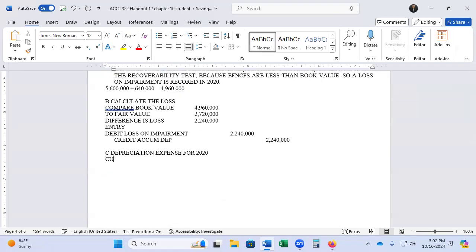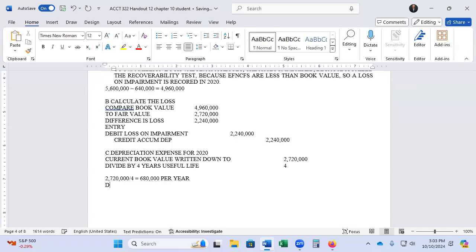So we take the current book value, which we wrote down, 2.720 million, and divide by 4 years useful life. 2,720,000 divided by 4 is 680,000 per year.